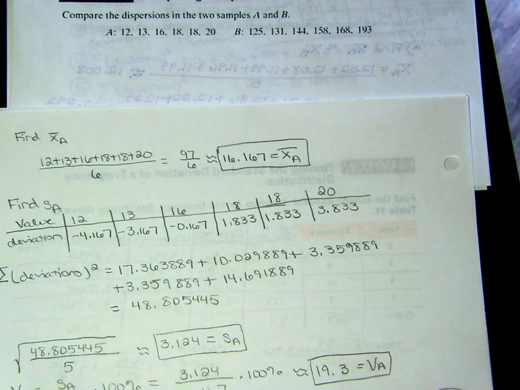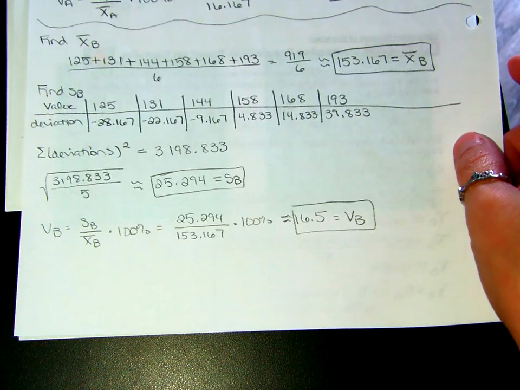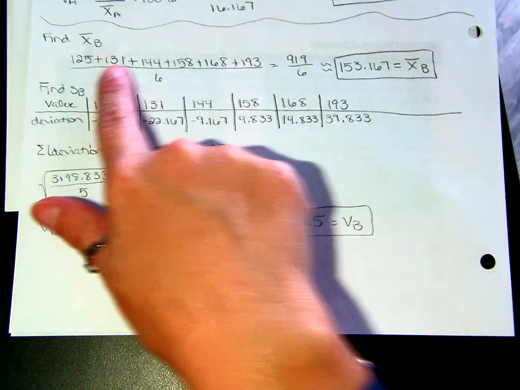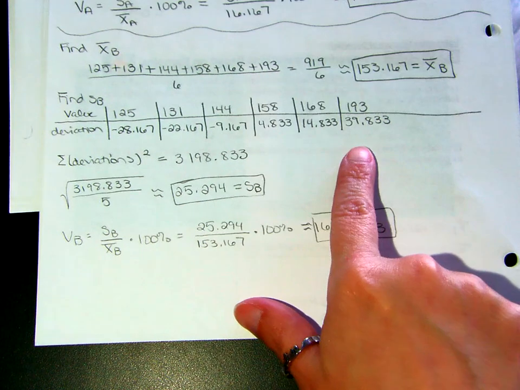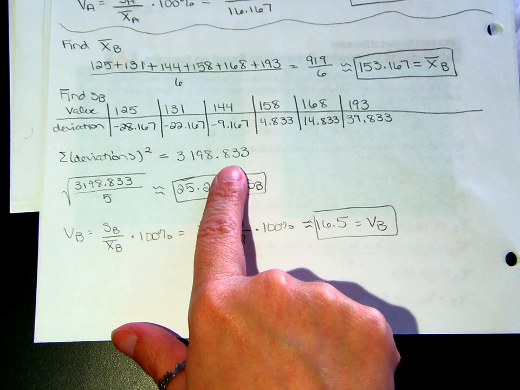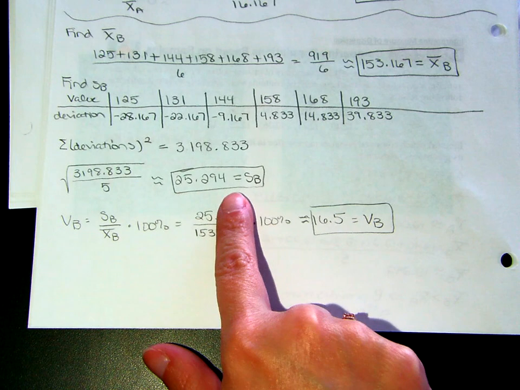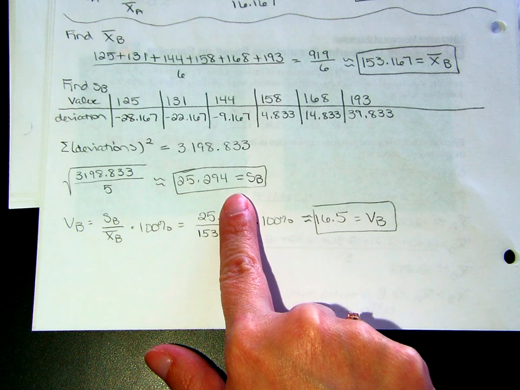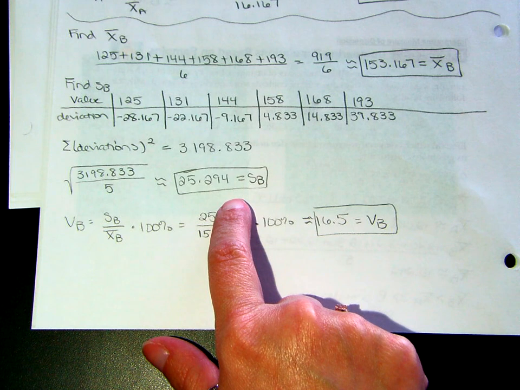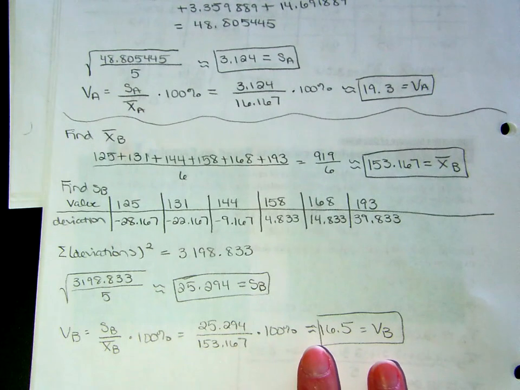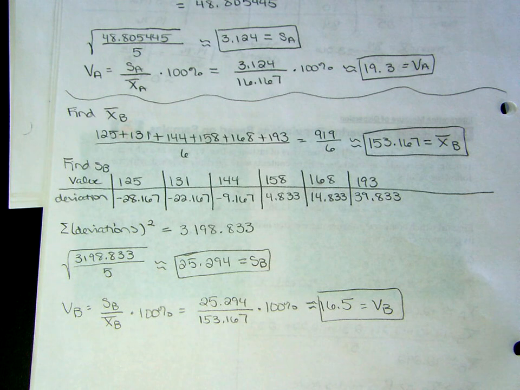And so we're able to find the average of our B's, find our deviations. We square them, we sum them, we divide them to find our standard deviation is 25.294. So notice the deviation for B is quite substantially larger than our deviation for A. That doesn't necessarily have anything to do with what the data is, the fact that the numbers are larger, because if our numbers had been closer together in our set B, then our standard deviation wouldn't be off as much.